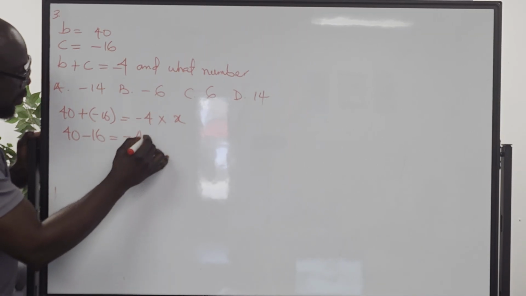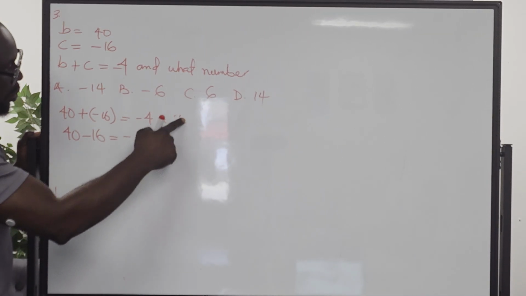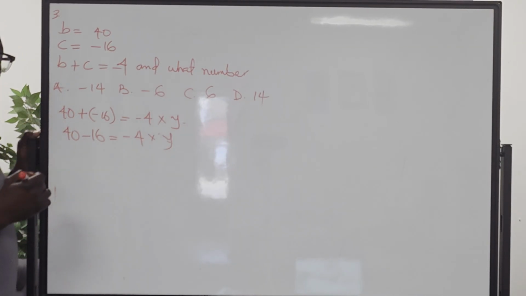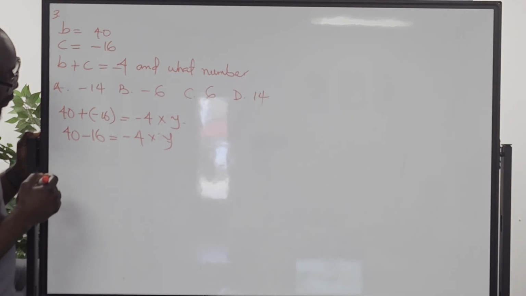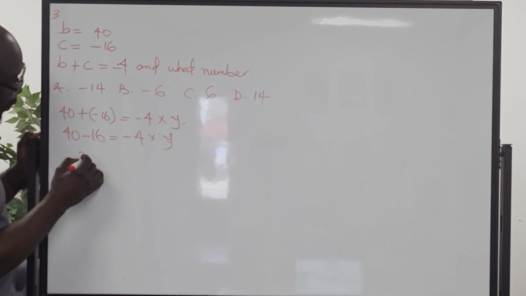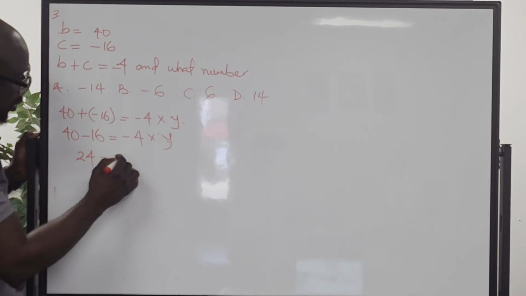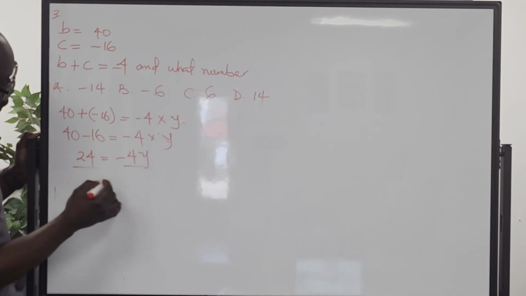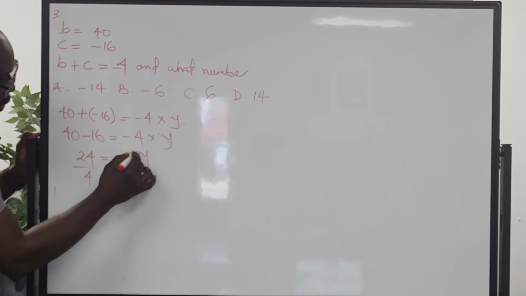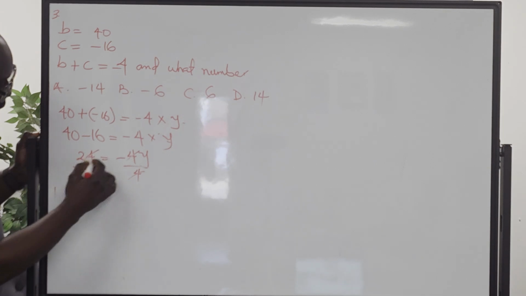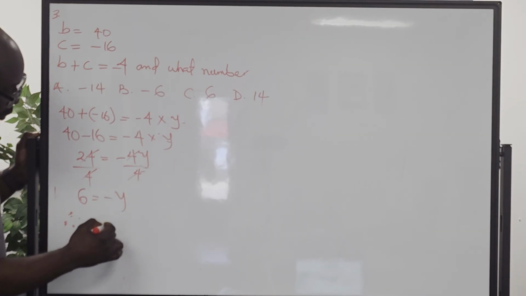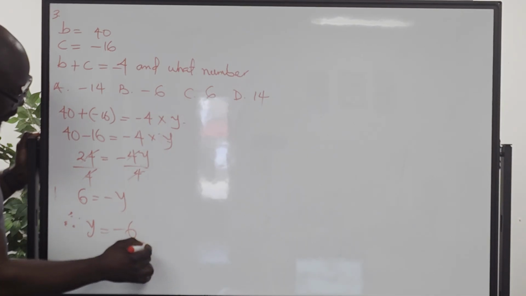It's equal to minus 4y. 40 minus 16 gives us 24. So 24 is equal to minus 4y. If we divide both sides by 4, 4 in 24 is 6, so 6 is equal to minus y. Therefore, y is equal to minus 6. So the answer is minus 6.